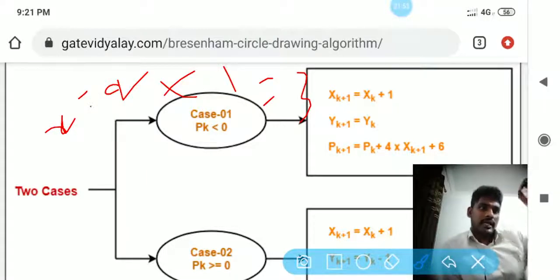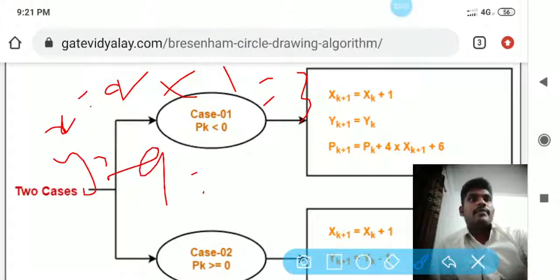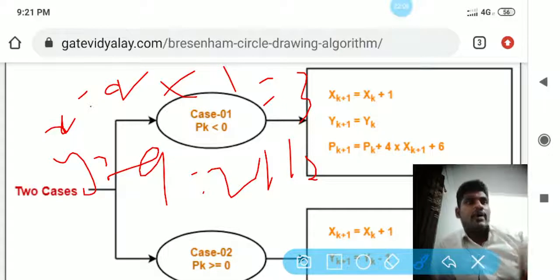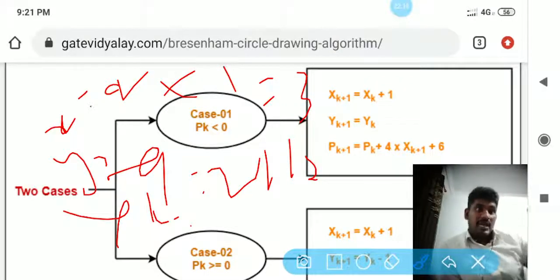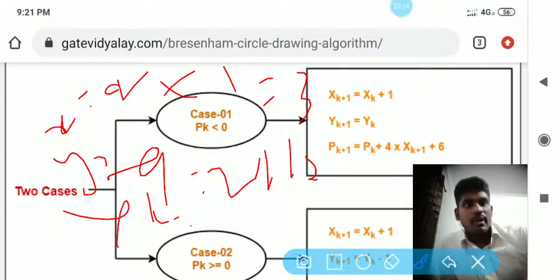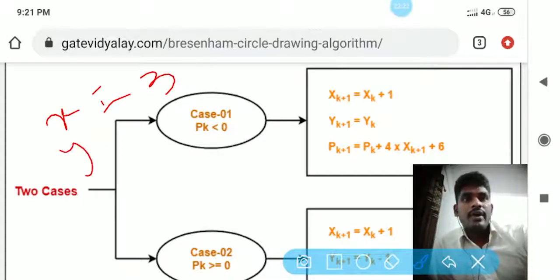What is xk? The current x and y value, the starting x and y value. For example, x value 2 and y value equal to 9, then xk plus 1 equals 2 plus 1, 3, and yk plus 1 is equal to yk, which means the current value of y. For example, the initial point x equal to 3 and y equal to 5.